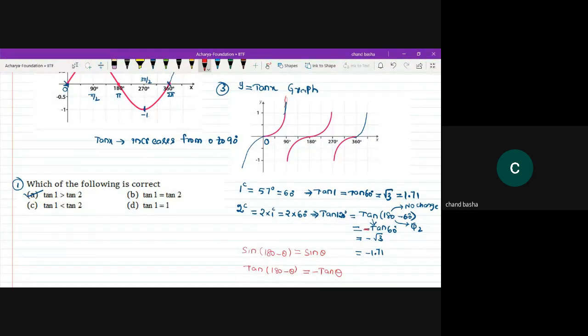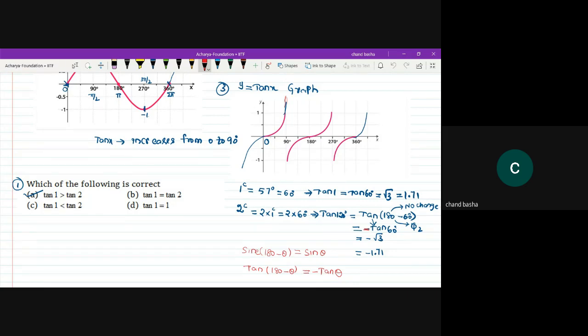Clear? Sir, sin of 180 minus theta is sin theta. Yes, sir. Again you are in the same first class. As I have given, 180 minus means it is in the second quadrant. In the second quadrant, sine is positive.